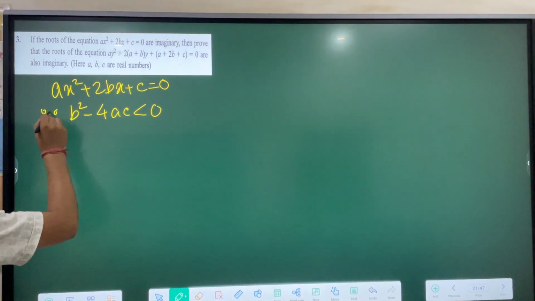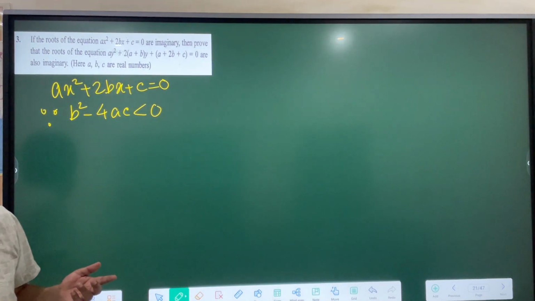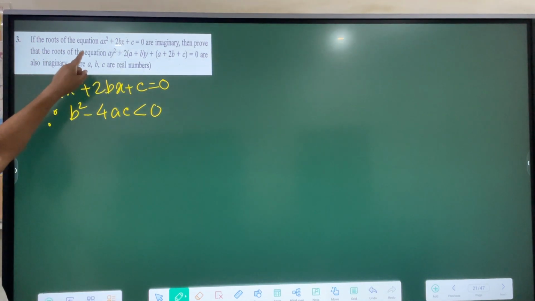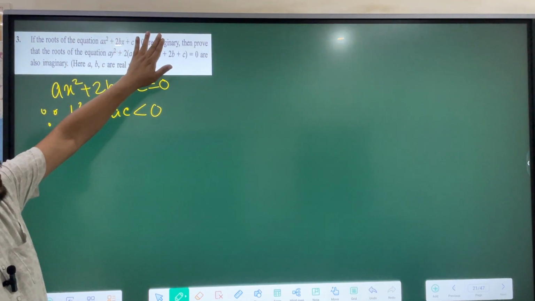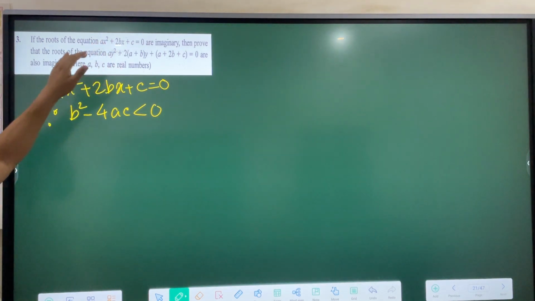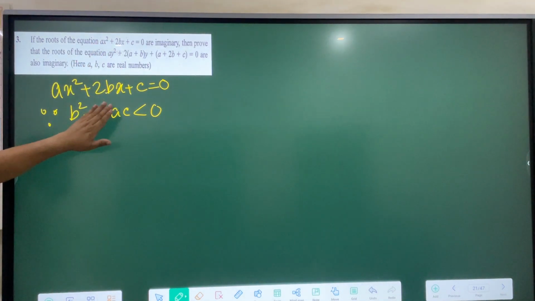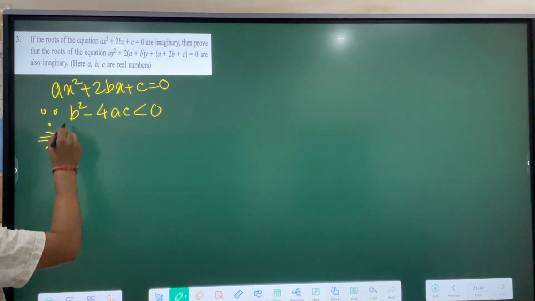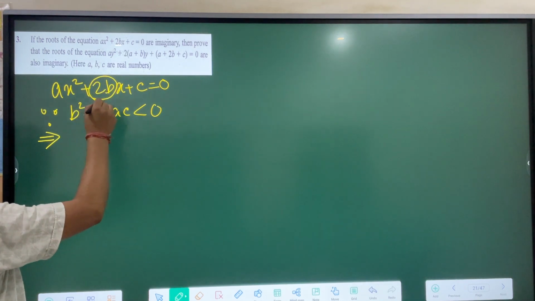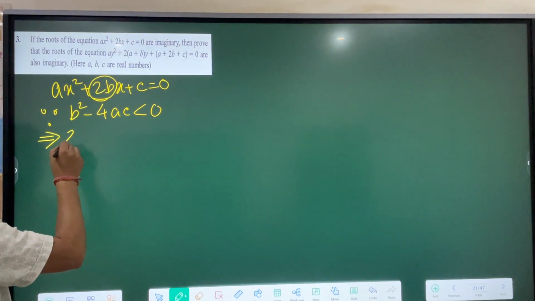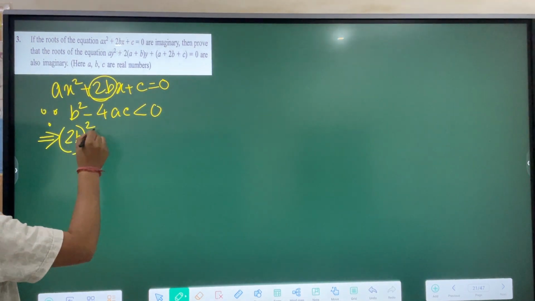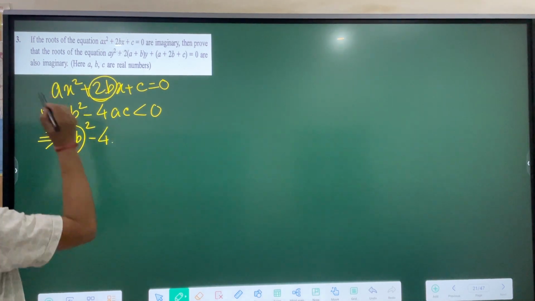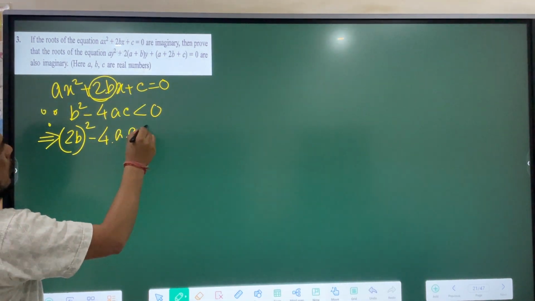It is given. How do we come to know it is given? Because the roots of this equation are imaginary. So from that we come to know that b square minus 4ac is less than 0. We know what b and c are. The coefficient of x is 2b. So (2b) square minus 4 into a, a only, c also c only.